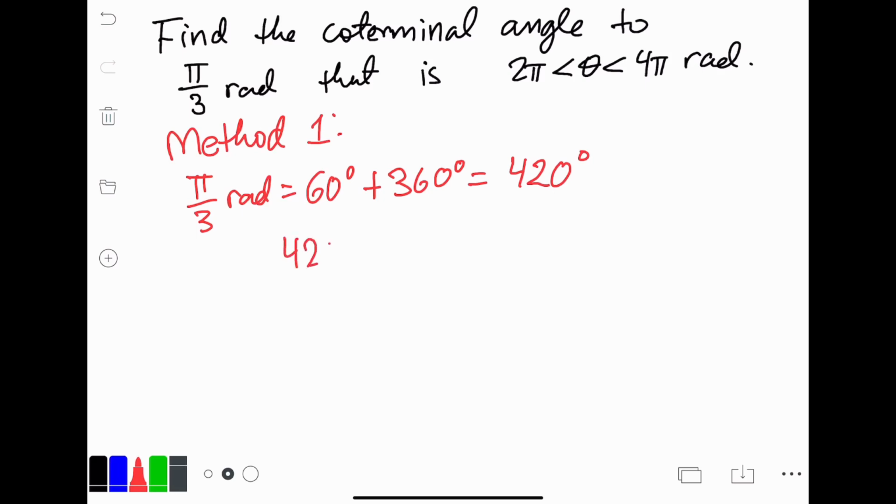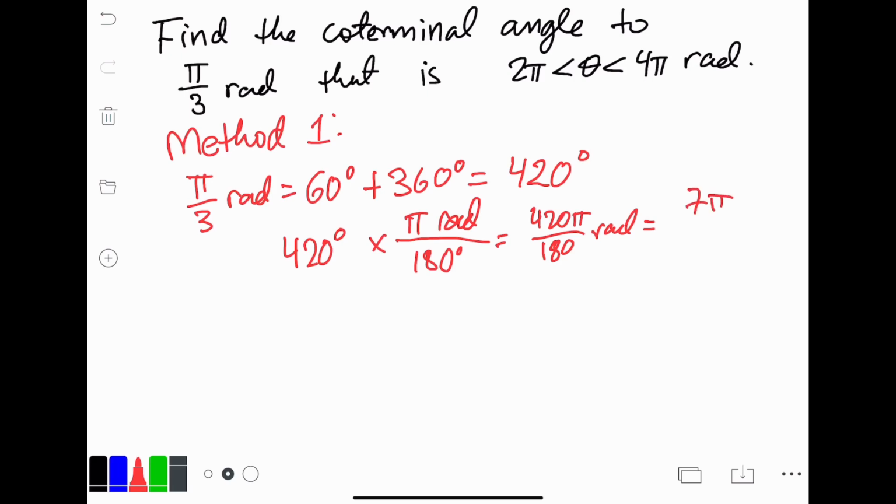To convert 420 degrees to radians, we multiply by pi radians over 180 degrees, and we get 420 pi over 180 radians, which breaks down to 7 pi over 3 radians.